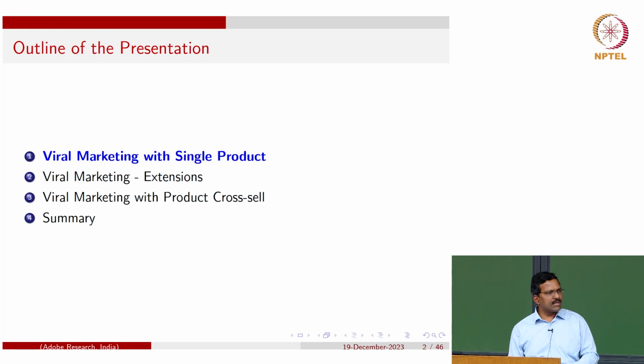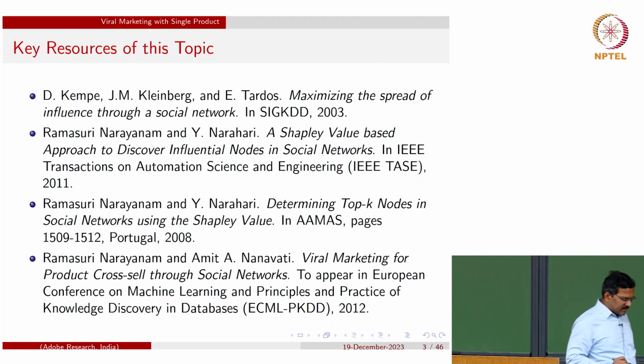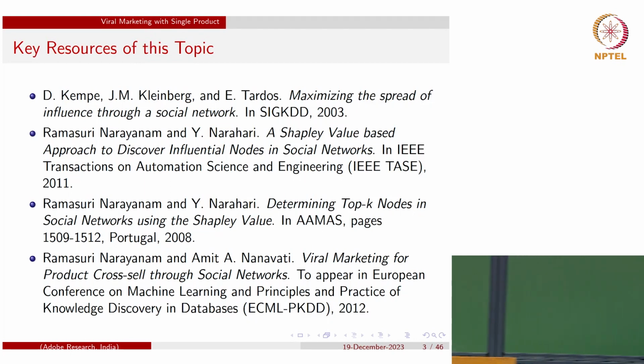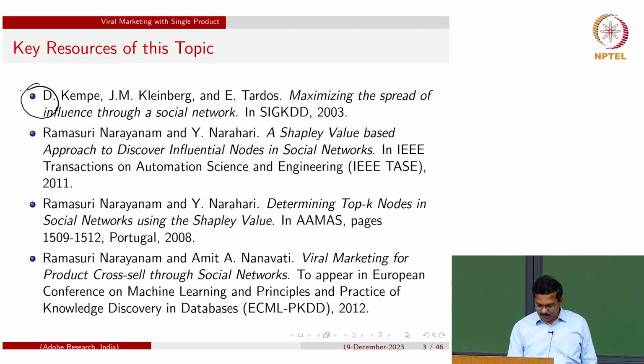Then we will get into more complicated scenarios, viral marketing with extensions, and another scenario, viral marketing with product cross-sell, on which I explicitly worked, and I'll summarize. So let me get started with the simplest scenario, viral marketing with a single product. These are some representative papers. This is the classical paper, and these are some of my own works.